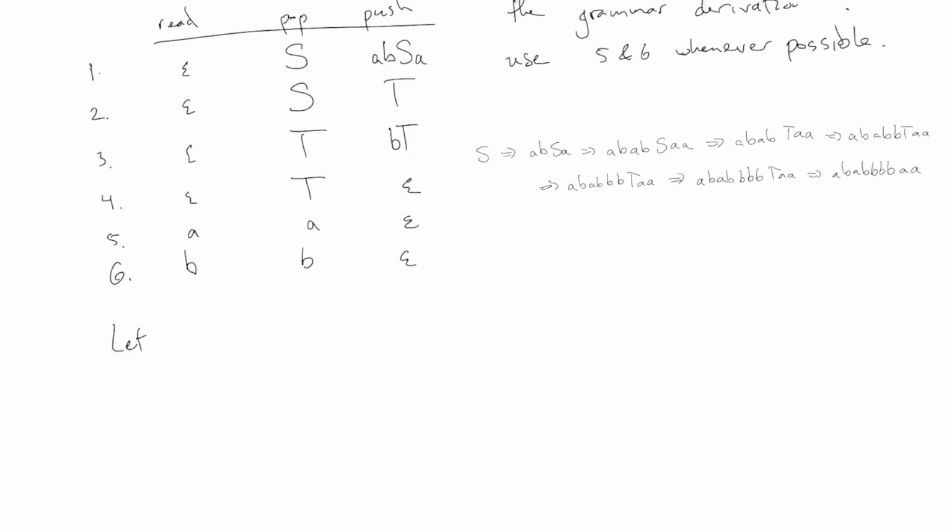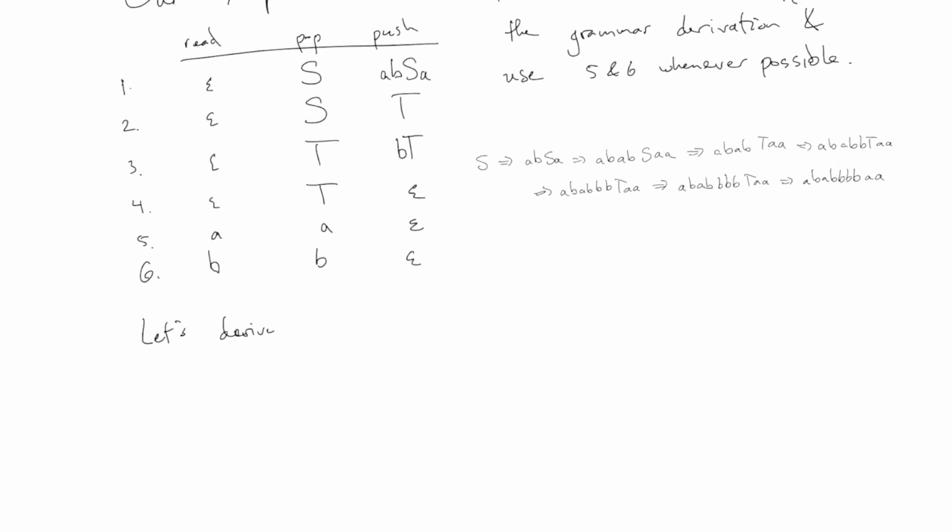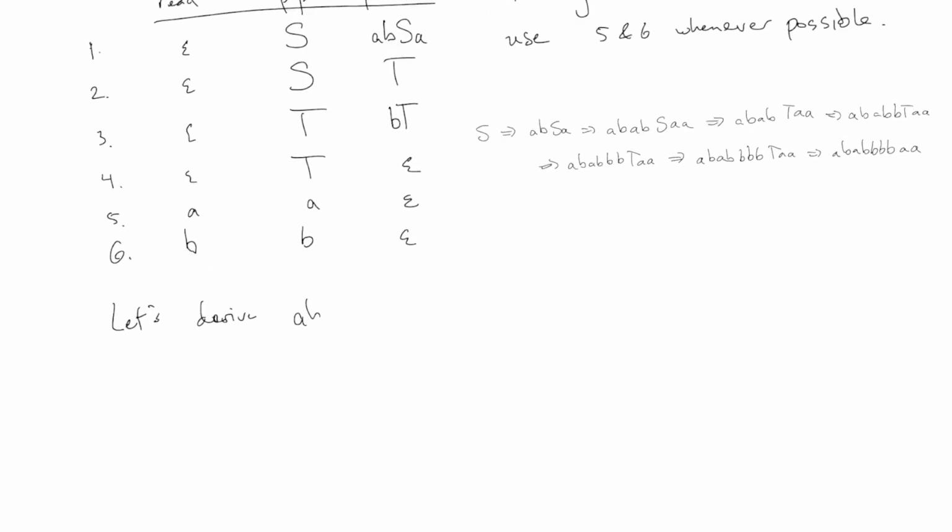So on this stack machine, let's derive the same string, which was A, B, A, B, B, B, B, A, right? We begin with that string, comma, comma S, A, B, A, B, B, B, B, A, comma, S, right?